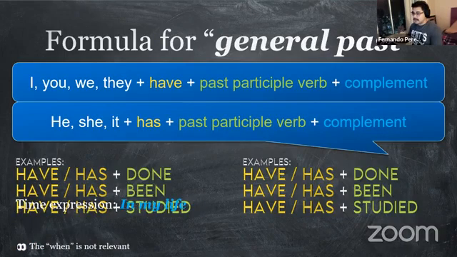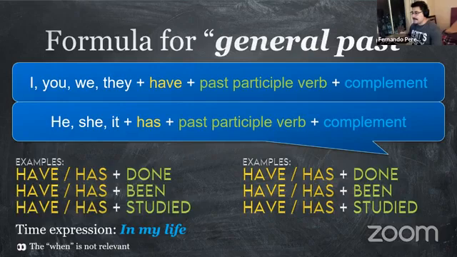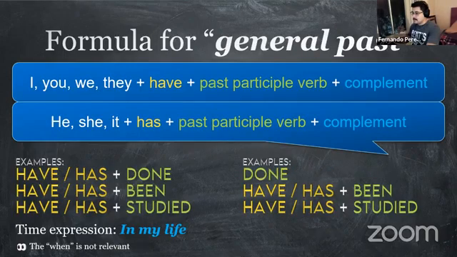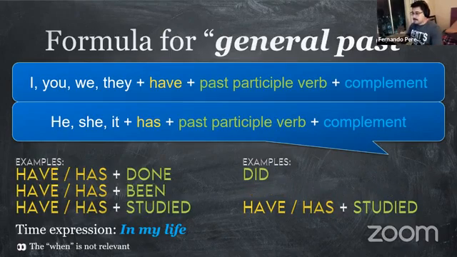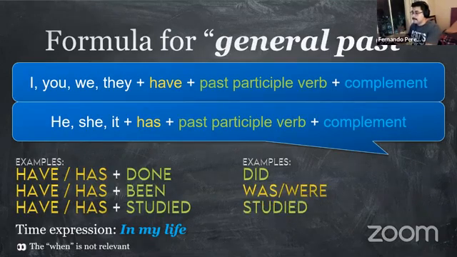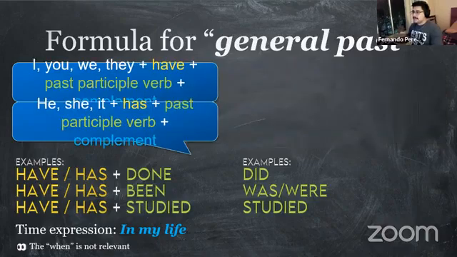Let's collocate it like this. I did. I was or were. And studied. So you can see a difference much more clear. In the first column, we have general past.